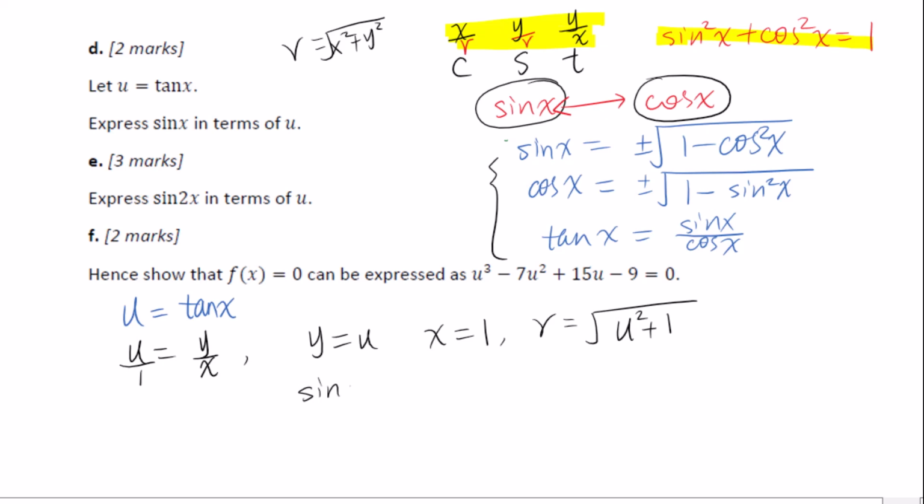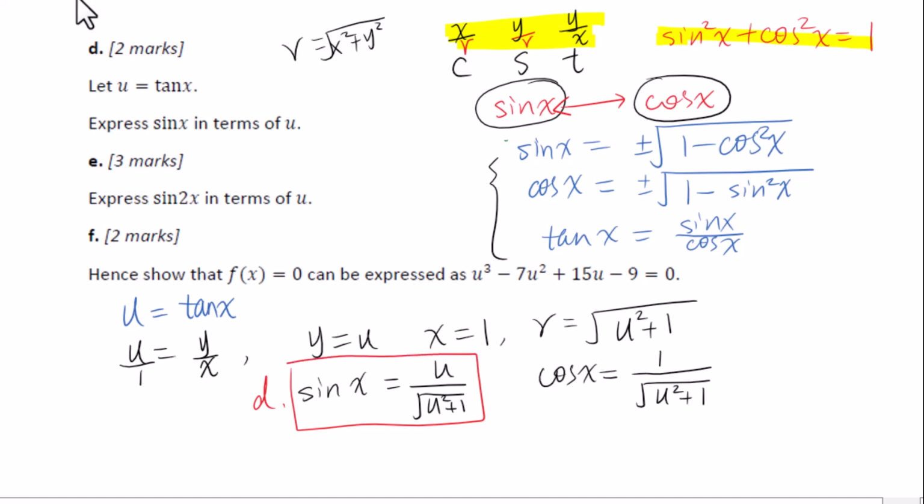Then sine x equals y over r, which is u over the square root of u squared plus 1. Cosine x equals x over r, which is 1 over the square root of u squared plus 1. So for D, this is the solution.